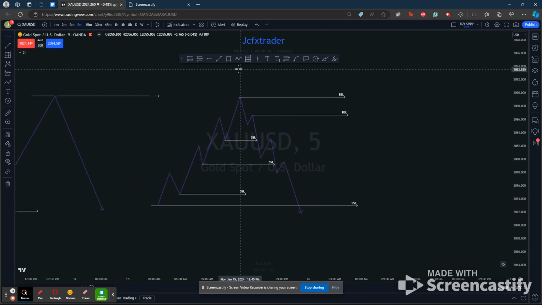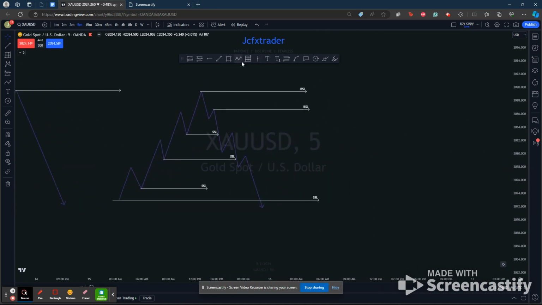A sweep is basically when price comes down to either buy side liquidity or sell side liquidity, and goes right below it to stop people out, because this is where the buyers would have their sell stops. Buy stops here. So if price were to come down and stop them out, which is what we call a sweep, then price would head higher.